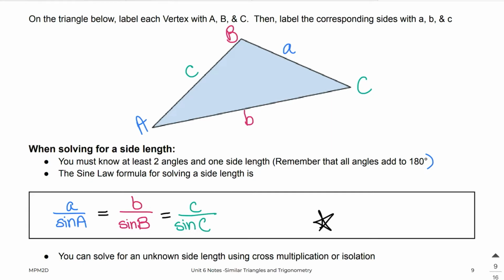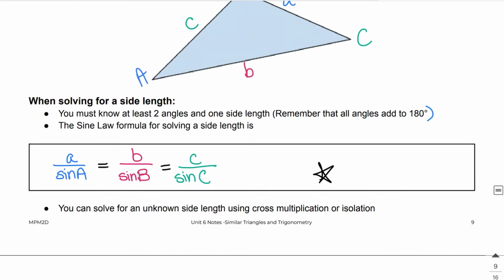This is an equation that you need to make sure that you have memorized. So really it's just the side over the sine of the angle across from it, okay?